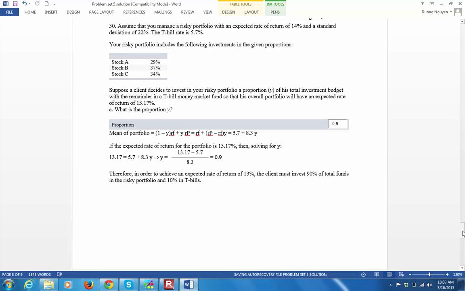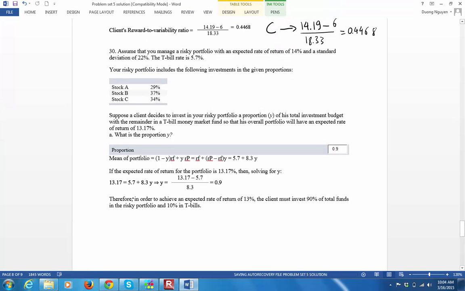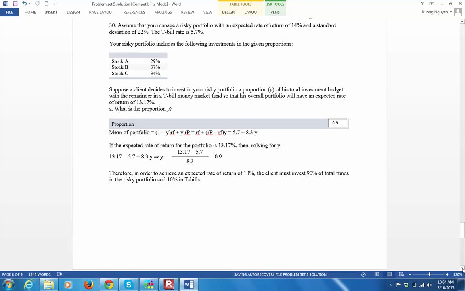Now number 30, assume that you manage a risky portfolio with the expected return of 14 and standard deviation of 22.